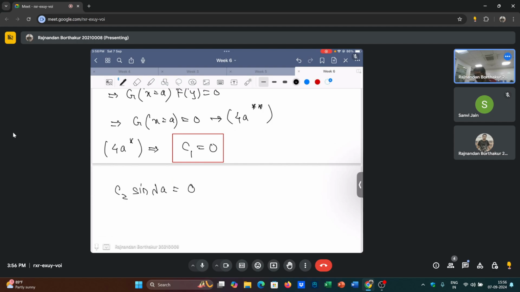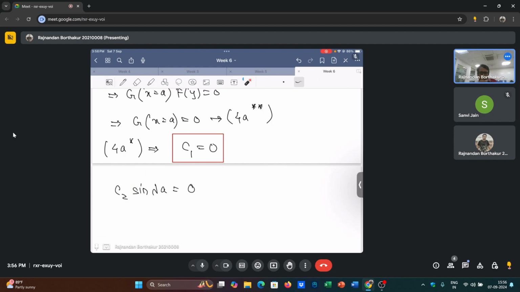Now here is the thing. Can C2 be equal to 0? Which of these two terms, C2 and sine lambda a, can be equal to 0 and which can't? And if C2 cannot be equal to 0, what is the reason why?